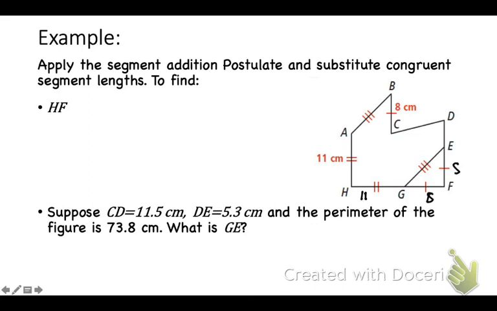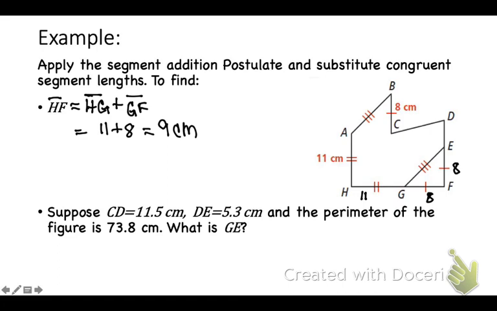I'm going to put 8 here. So if I want HF, that is segment HG plus segment GF, which would be 11 plus 8, which would be 19. And we need to use centimeters because they have centimeters.